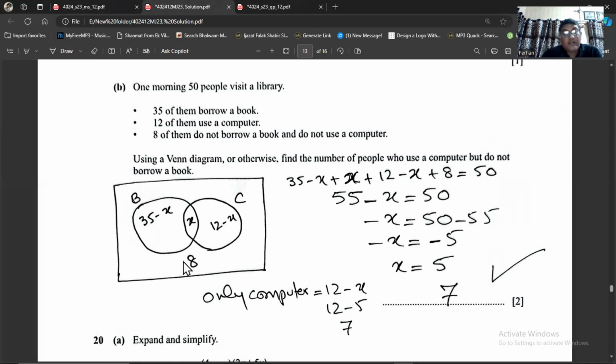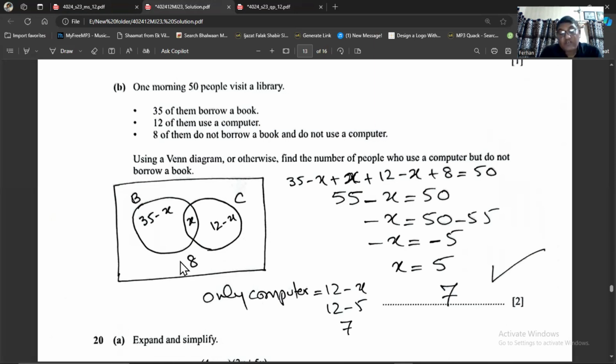And there are 8 people who do not borrow a book and do not use a computer. So now if I add all of them, that will be equal to the total people, that is 50. So 35 minus x plus x plus 12 minus x plus 8 is equal to 50. 55 minus x is equal to 50.